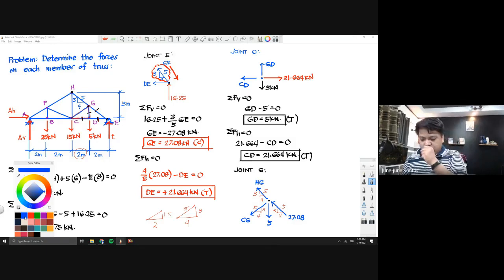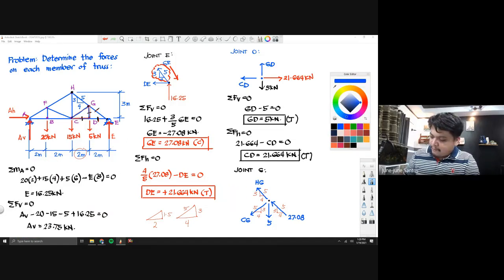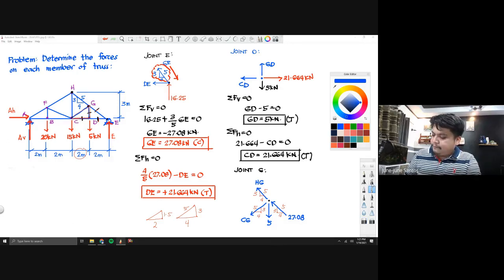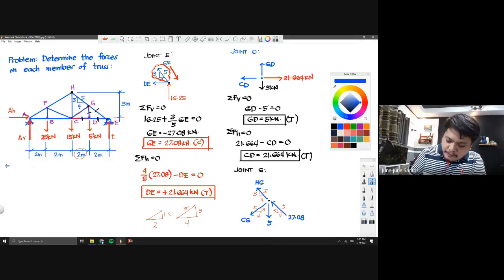Next. From there, pwede na akong mag-summation. Pwede ka mag-summation forces horizontal. Summation forces horizontal equal to 0. So, unahin ko na. Lahat sila pakaliwa, so negative yung CG muna.